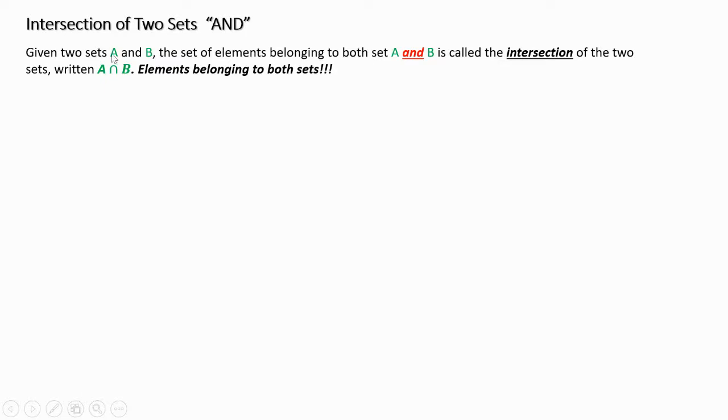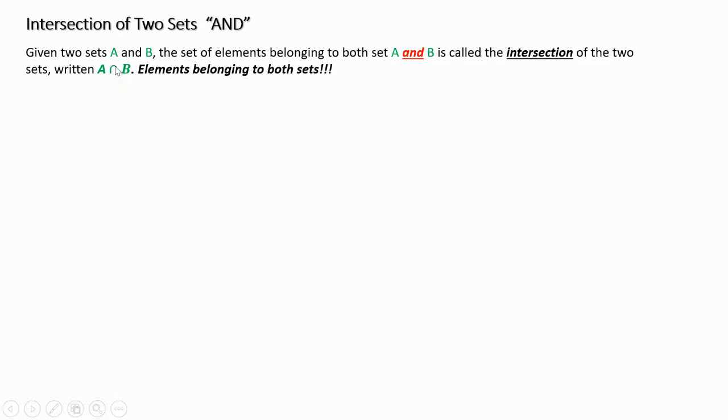Given two sets, set A and B, the set of elements belonging to both set A and B is called the intersection of the two sets, written A intersect B. For some reason, students don't understand intersection and AND. This is the correct verbiage in math: you have to say intersection or the word AND.